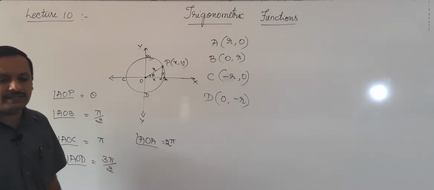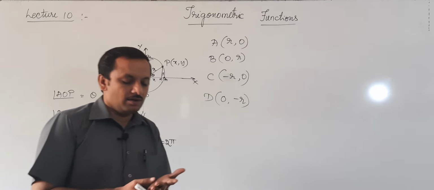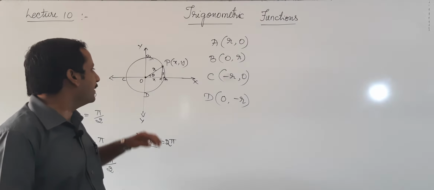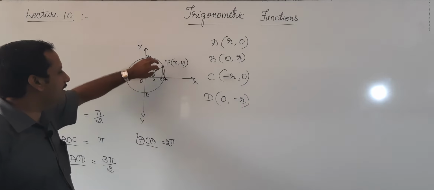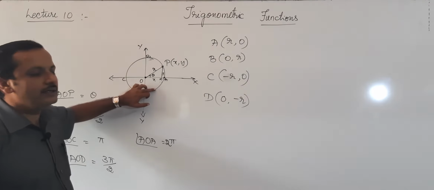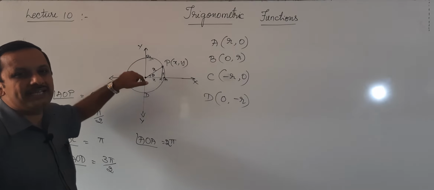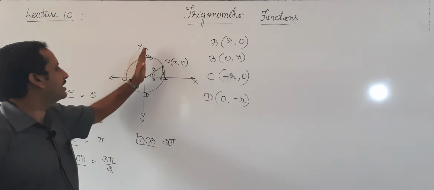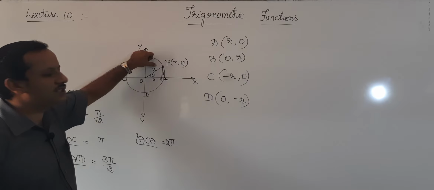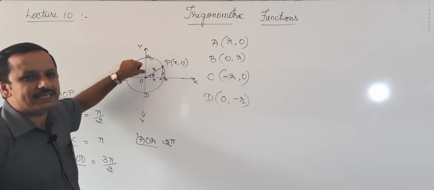Then these angles, that is angle AOB, angle AOC, pi by 2, pi, 3 pi by 2, 2 pi, are called quadrant angles. Quadrant angles means they are on the boundary. Here, this is the first quadrant, second quadrant, third quadrant, fourth quadrant. This line, this angle AOB, is called a quadrant angle. We cannot say this position is in the first quadrant, or on the boundary of the first quadrant and second quadrant.